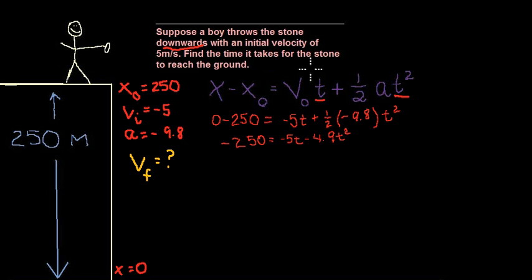Okay, if you haven't noticed already, it looks like we're going to have to use the quadratic formula for this problem, because we're solving with a t and a t squared. We can't really solve for that unless we use the quadratic formula. So what we can do is move everything to one side and have everything equal to 0, and then find our a, b, and c.